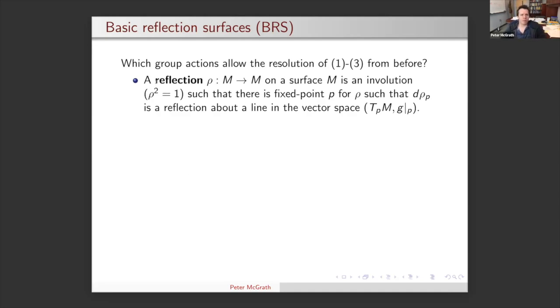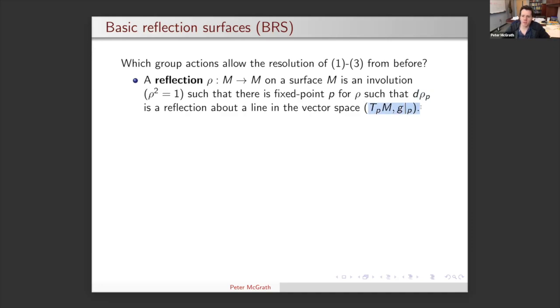And so I want to give an actual definition of what I mean by a Riemannian reflection. If you're listening carefully, the definition I'm about to give you now is slightly different than what I gave on an earlier slide. And I may comment about that later. So here we say that a reflection is just an isometry such that there exists a fixed point such that at the linear level, the differential is a reflection in the tangent space.